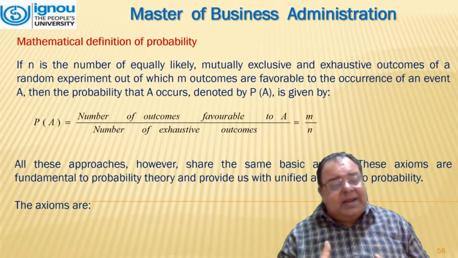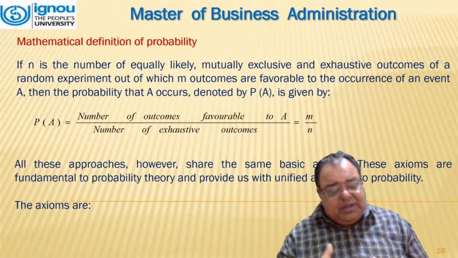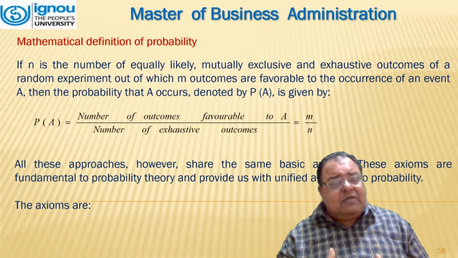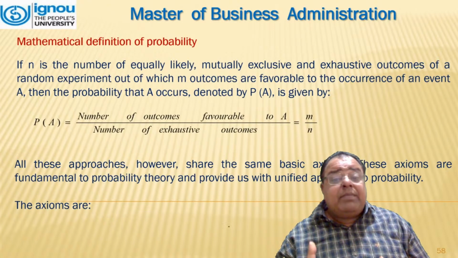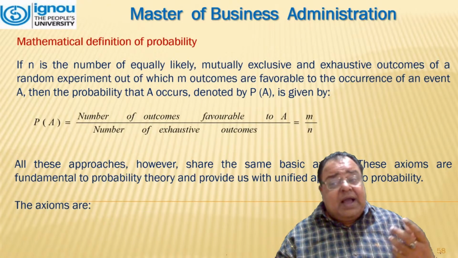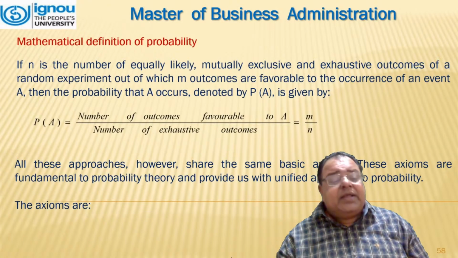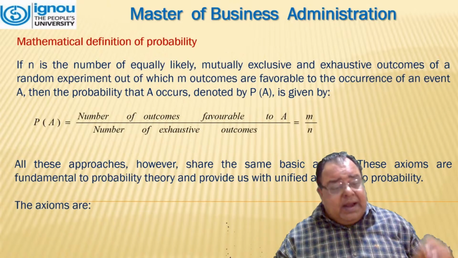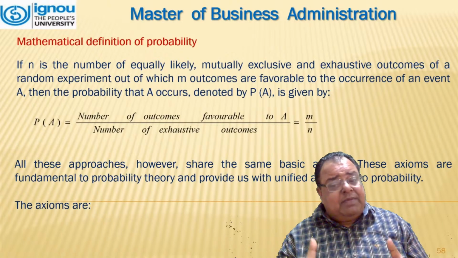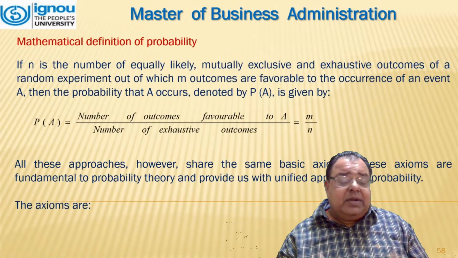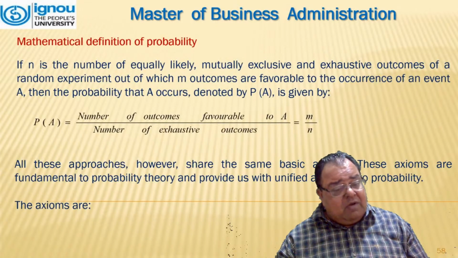Now comes the mathematical definition of probability. If n is the number of equally likely, mutually exclusive, and exhaustive outcomes of a random experiment, out of which m outcomes are favorable to the occurrence of an event A, then the probability that A occurs is given by P(A). Mathematically, P(A) is equal to the number of outcomes favorable to A upon the total number of exhaustive outcomes.